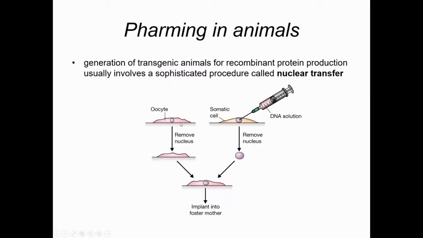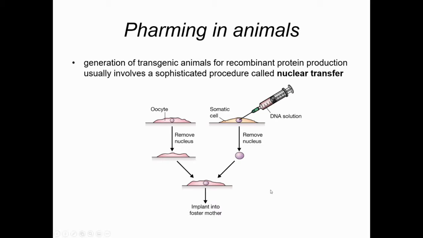So for farming animals, basically you have the oocyte, you remove the nucleus, so you have this cytoplasm, and then in the somatic cell, you take out the nucleus, all right, and then you inject the nucleus into the oocyte cytoplasm, all right, and then implant into the foster mother. So that's the generation of transgenic animals for recombinant protein production.